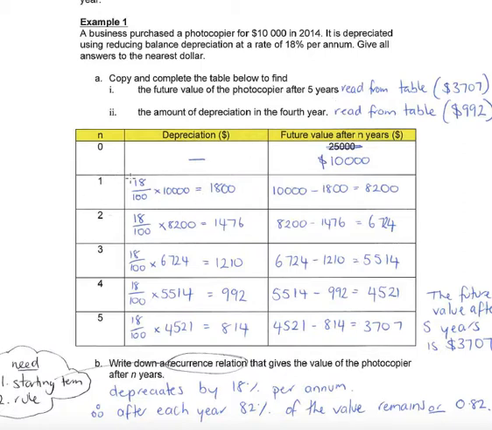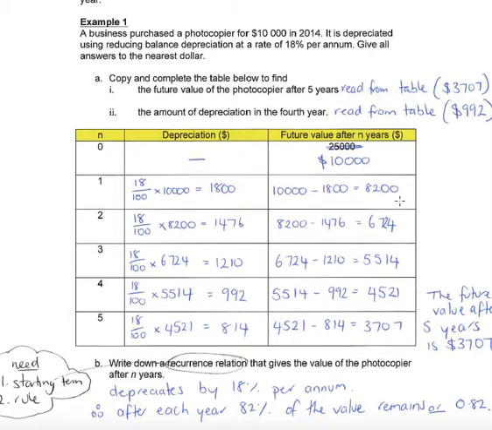What we can see here is that we're using 18%, so 18 over 100, and multiplying that by the initial value, or the value in the prior year, or the start of the year. That gives us our depreciation for that year, for year one, 1800, and we subtract that to get the value at the end of year one, which is 8,200.